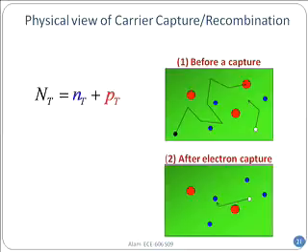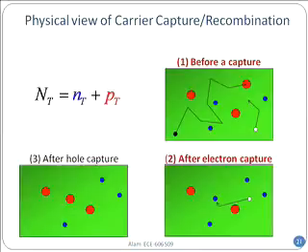A little bit later, let's say the hole gets captured by one that had an electron. Because this white hole got captured in a blue trap that had an extra electron, I am returning to the same state I was before, 3 electrons and 3 holes. But in the process, look at the fate of the electron and hole.